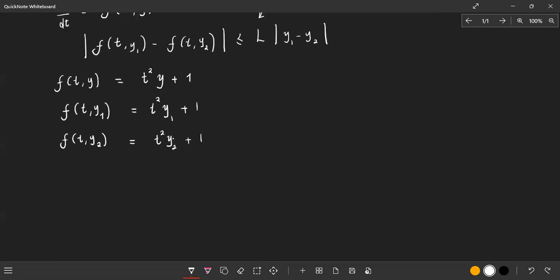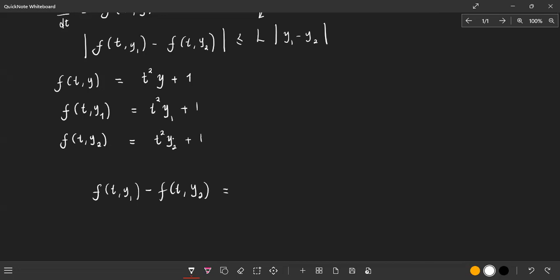So f of t comma y1 minus f of t comma y2. What do you get?